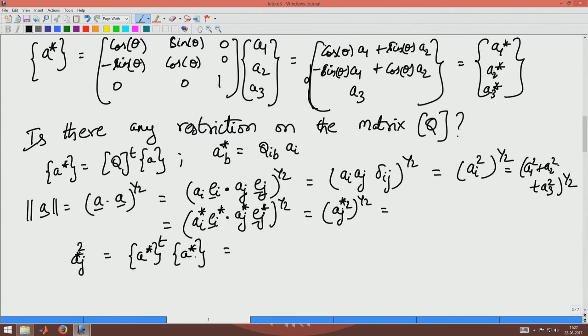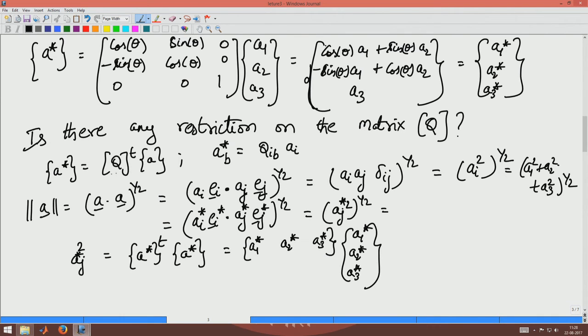A star, for me a vector is a column vector. So, A star transpose will give me A1 star, A2 star, A3 star, and this is A1 star, A2 star and A3 star. So, this gives me AJ star squared. Okay.